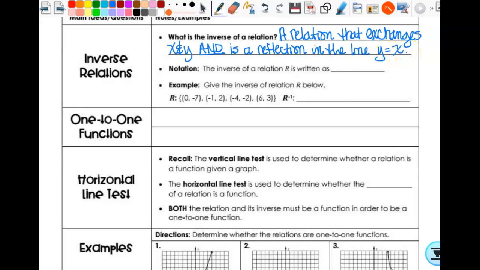Algebraically it exchanges x and y. Graphically it's a reflection in the line y equals x, which is the linear parent function.